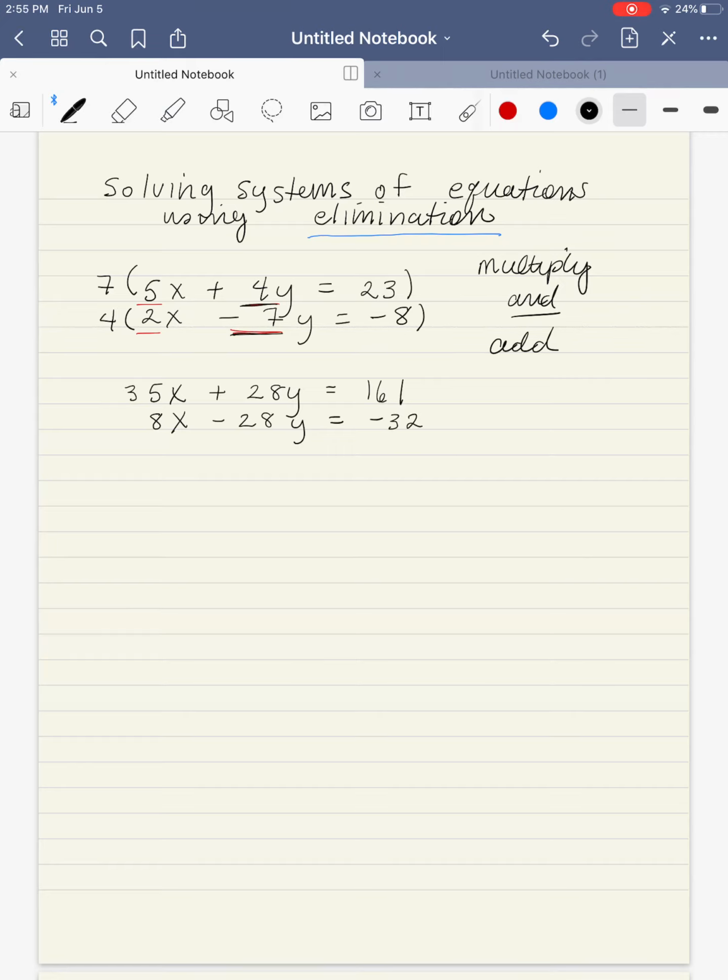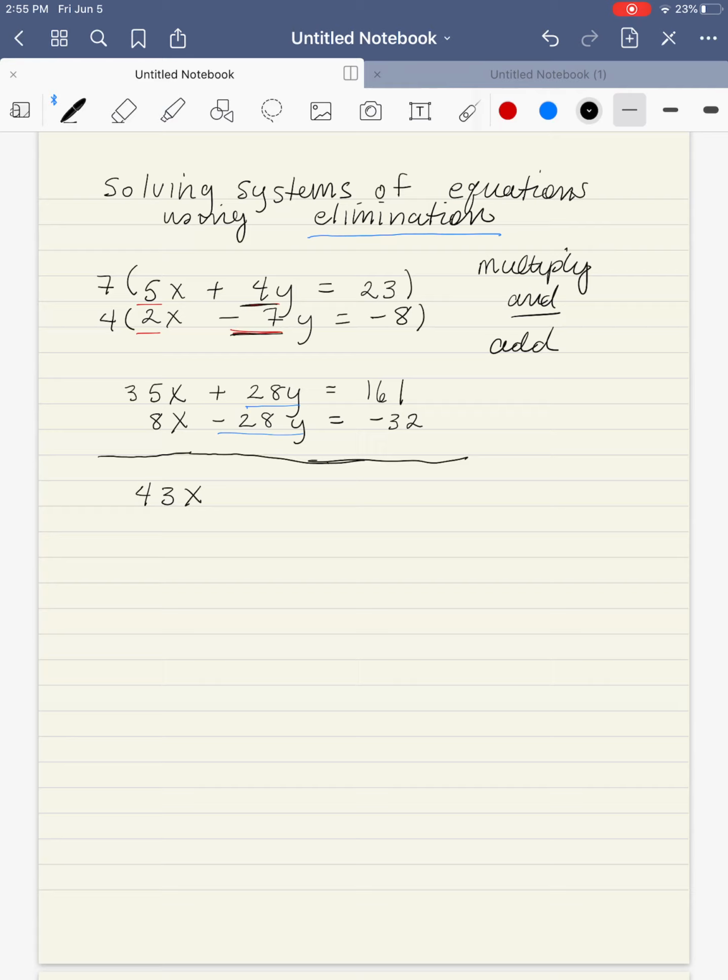And notice that here I have positive 28y, negative 28y. And that's what I wanted, because now when I add the two equations, 35 plus 8, I have 43x, and then the y's are eliminated. That's why it's called the elimination method.